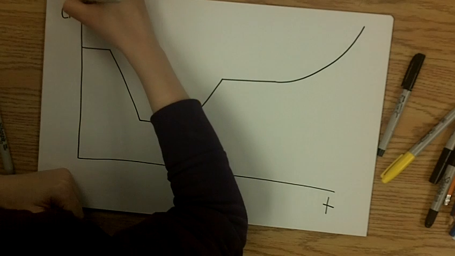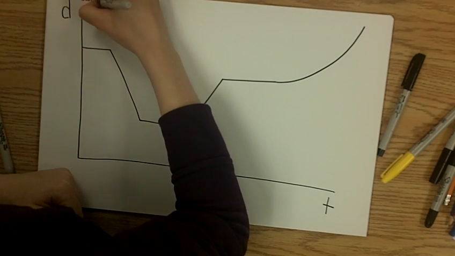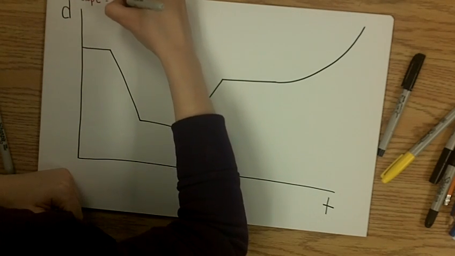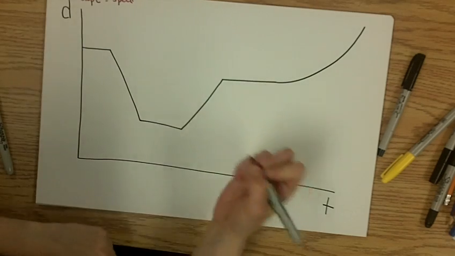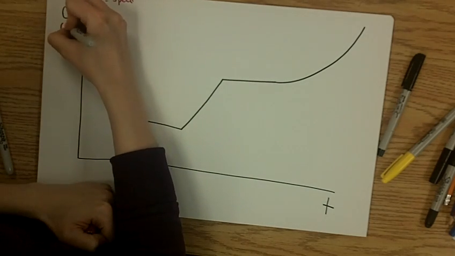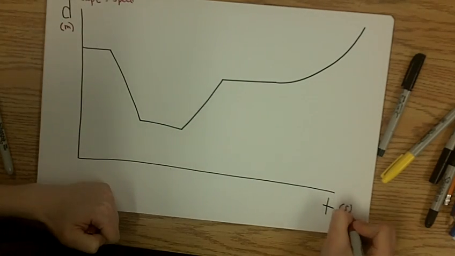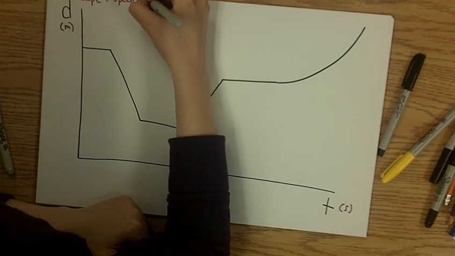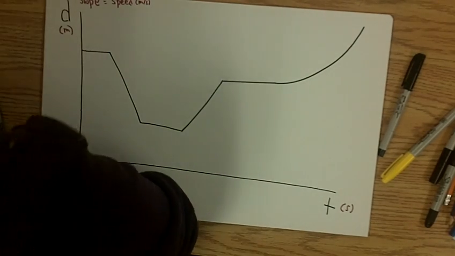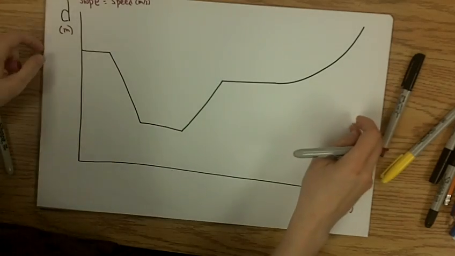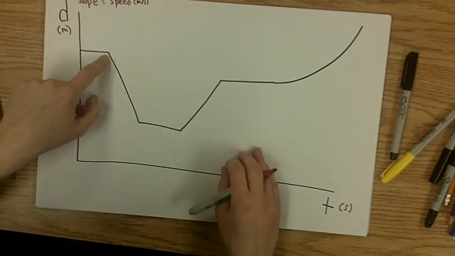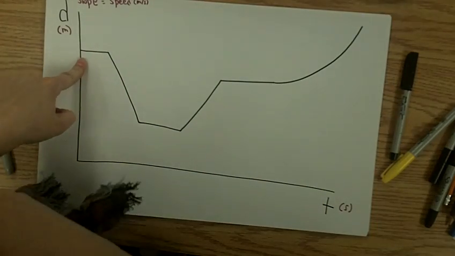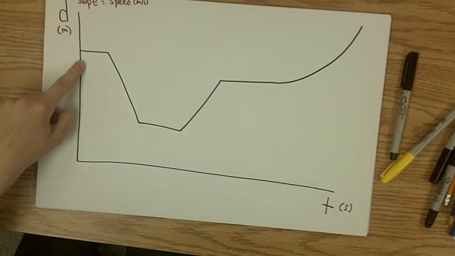Remember, the slope of a DT graph is equal to the speed, or the velocity. This is because this is distance in meters and time in seconds, and a meter divided by a second is a meter per second, which is speed. Looking at the first section, it is flat. A flat line has a slope of 0.